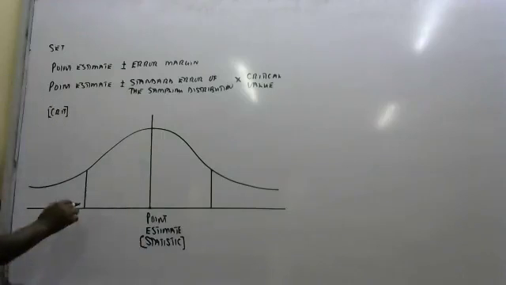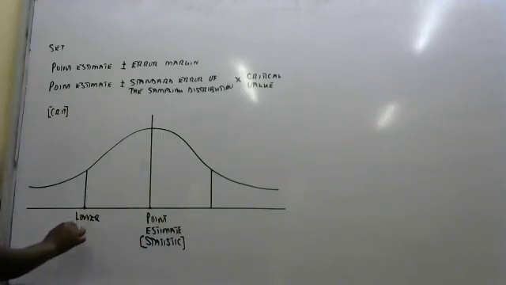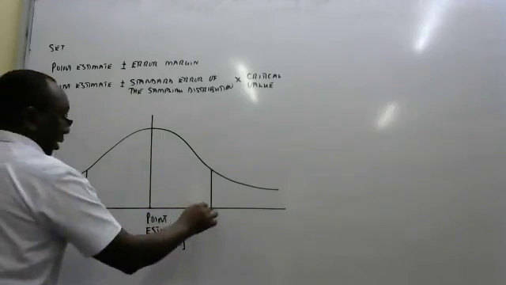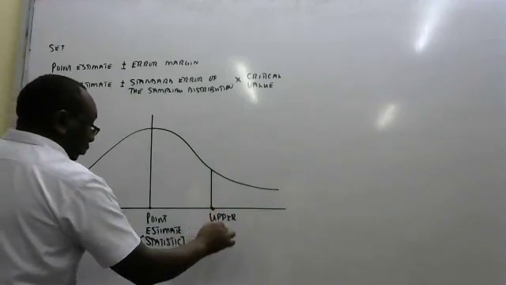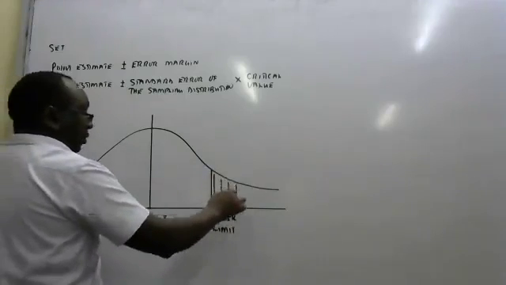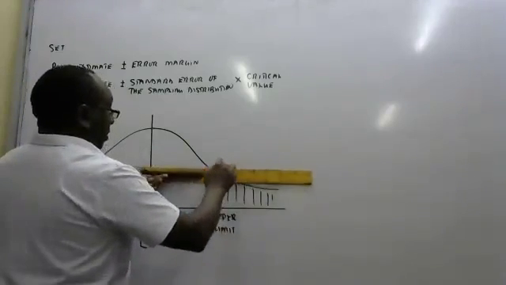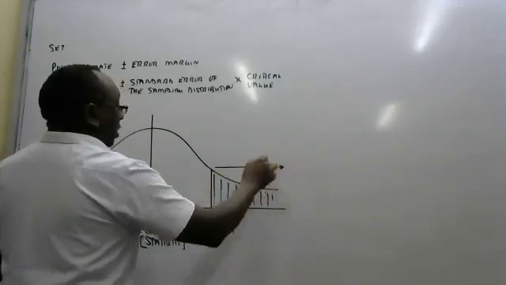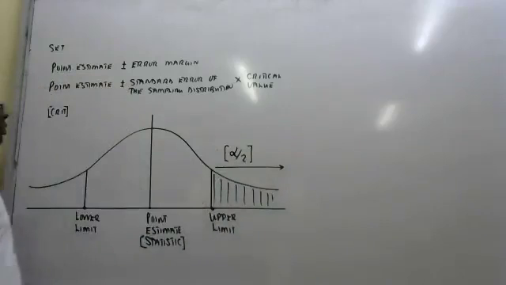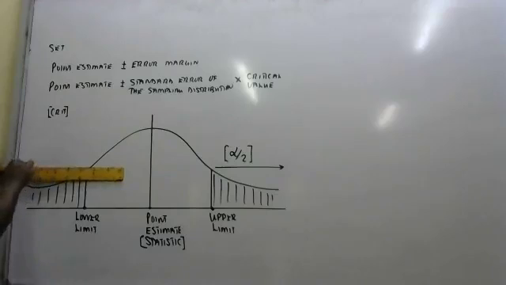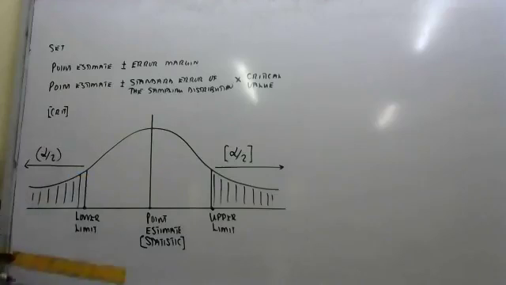That is the statistic. This is called the lower limit. This one is called the upper limit. This side, when you shade, it is alpha divided by 2. This side, when you shade, it is also alpha divided by 2.